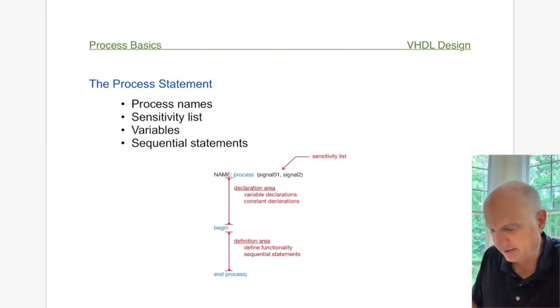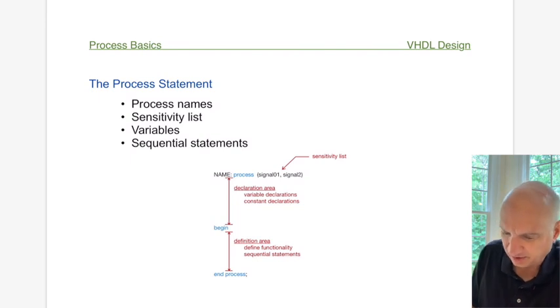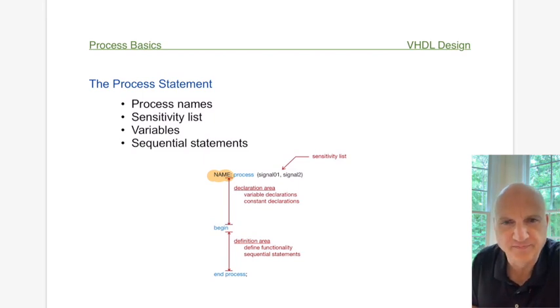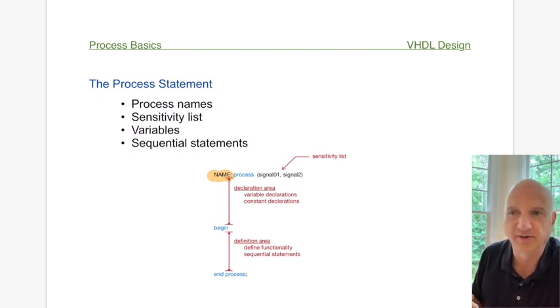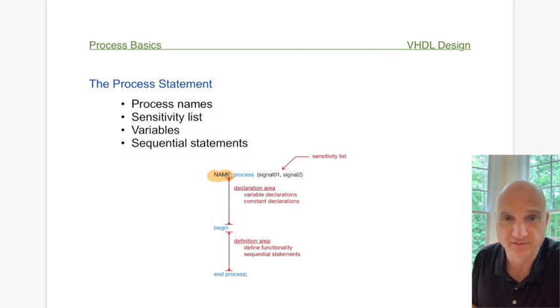So the process statement basically should always start with a process name. Now, the process name itself describes what the process will do. So naming the process is an important part of your design and making your design more readable and understandable for others.